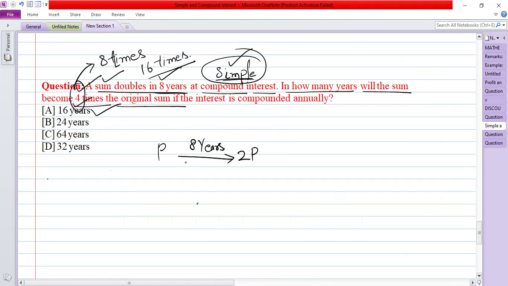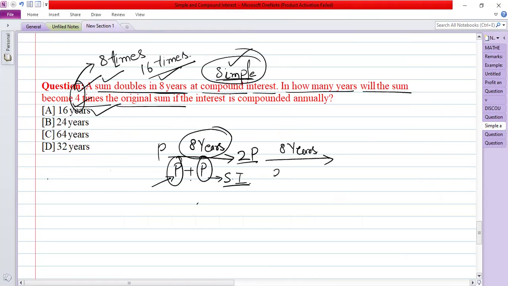So what is this 2P? It is nothing but P plus P. What was the first P? It was the principal amount. And what was the second P? It was the simple interest, but simple interest for 8 years. Now, for the next 8 years, again the simple interest will be P.